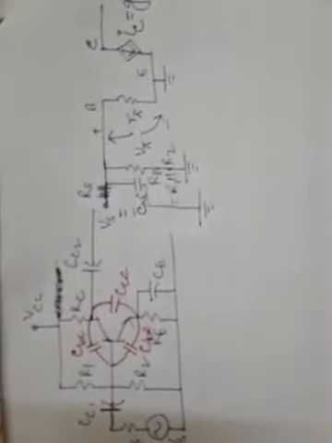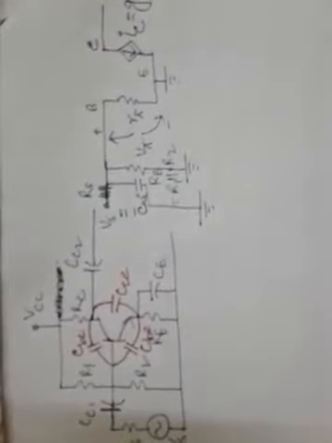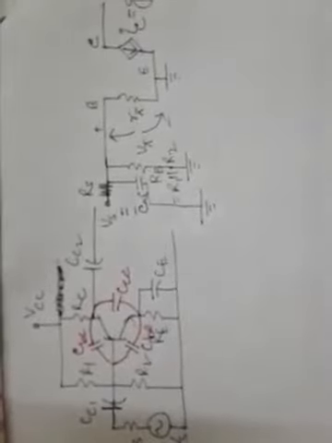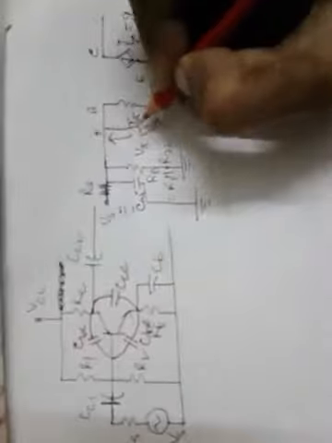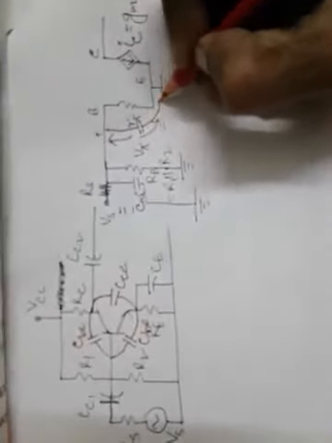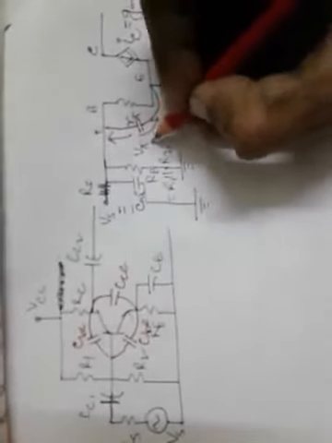Okay, and at the input side there will be a capacitor between base and emitter, and this capacitor is CBE. There will be a capacitor between base and collector.